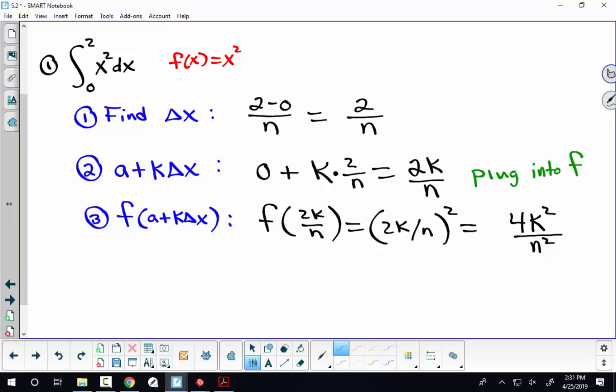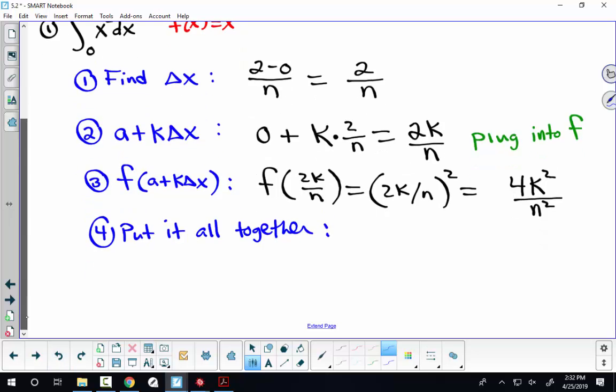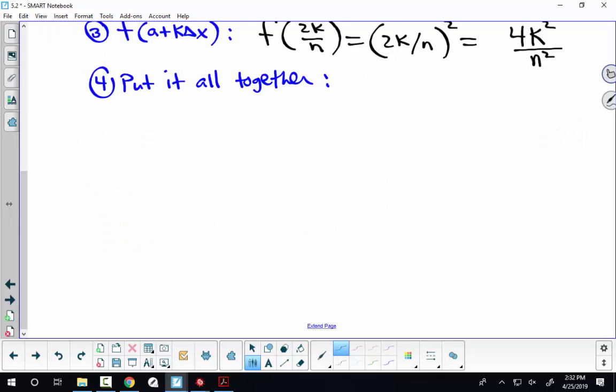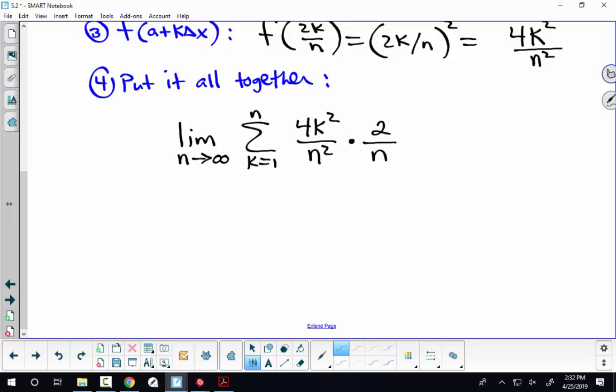So now we're going to take those two things and put it all together. We're computing the limit as n goes to infinity of the sum from 1 to n of f of a plus k delta x times delta x, as a way to compute the original integral.